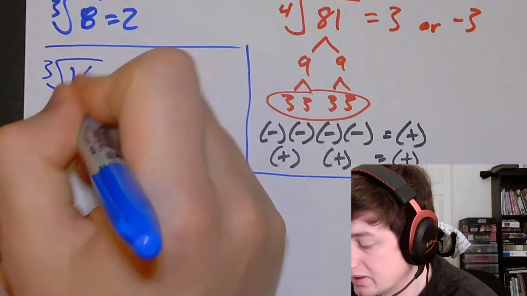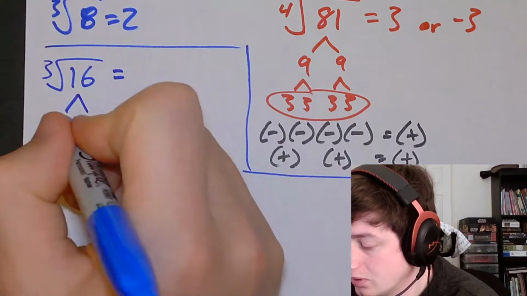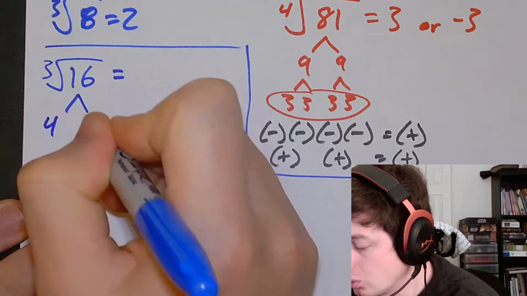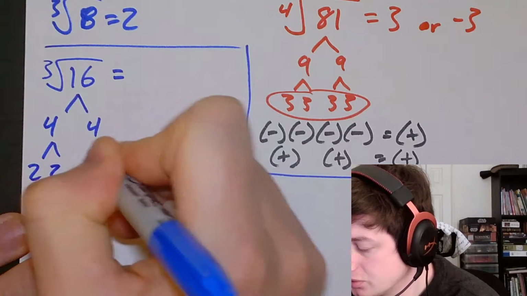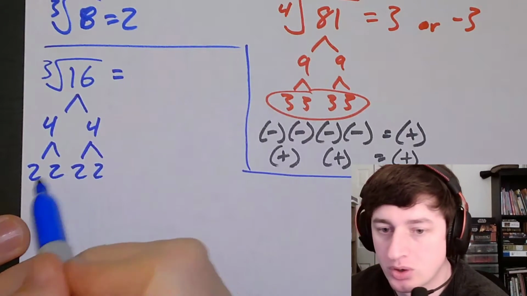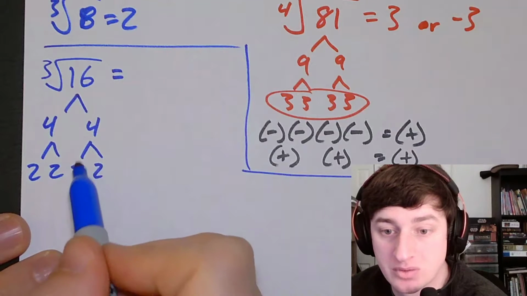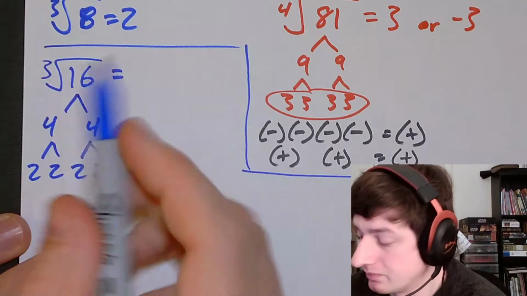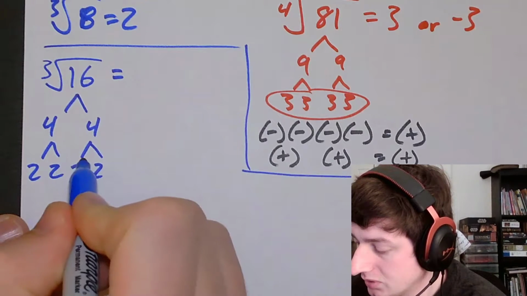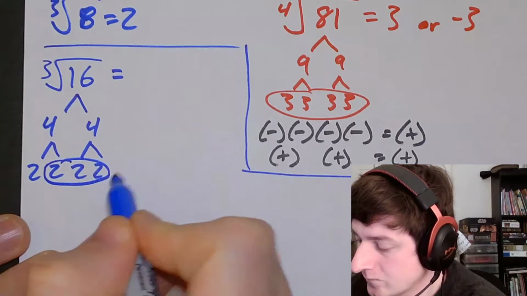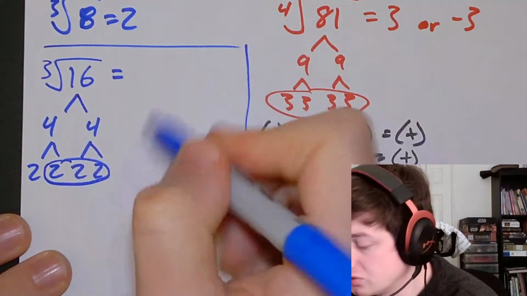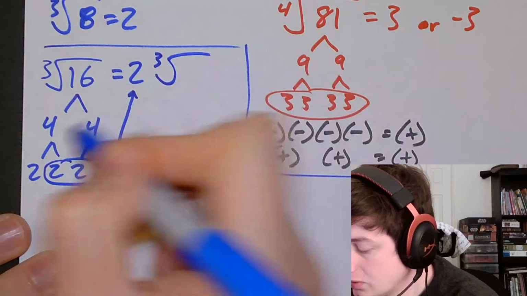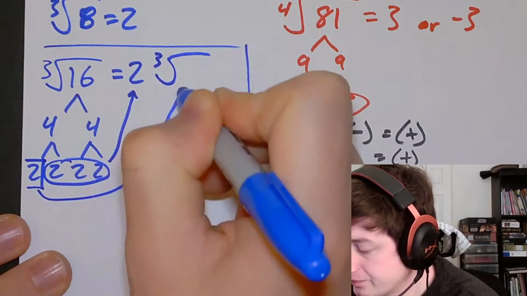This is going to break down to be 4 and 4, and then that gives 2, 2, 2, 2. I have 4 2's being multiplied to make 16, but I'm only looking for 3 numbers that are the same. So we'll do it like this. So those 3 2's come outside, and so it's 2 times the cube root of the one that's left, and that goes inside.